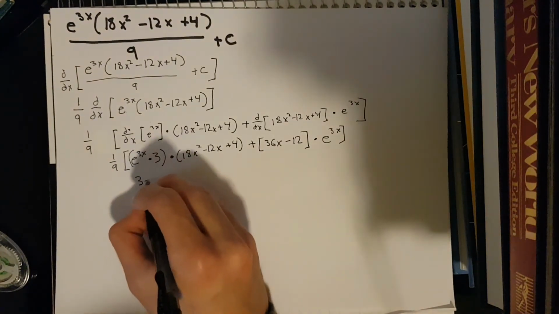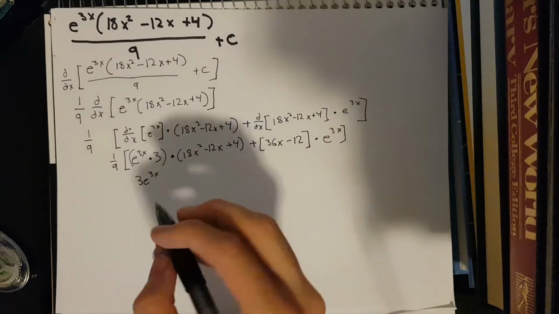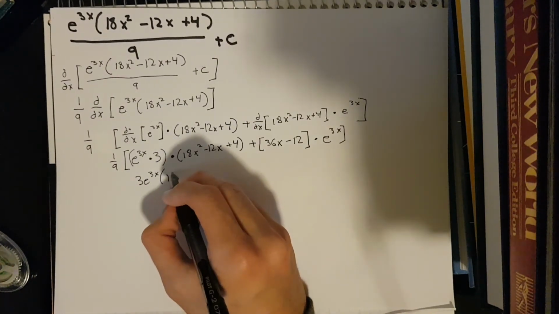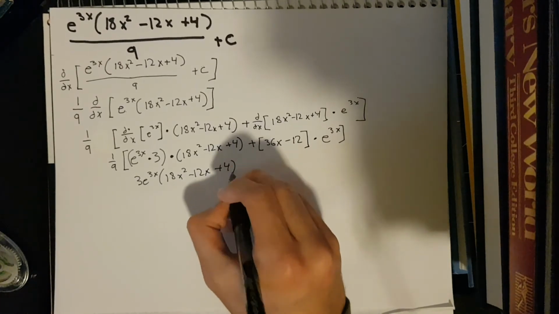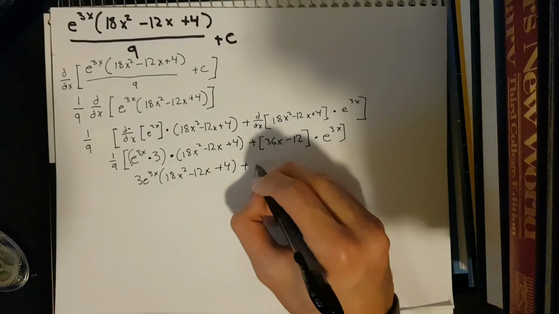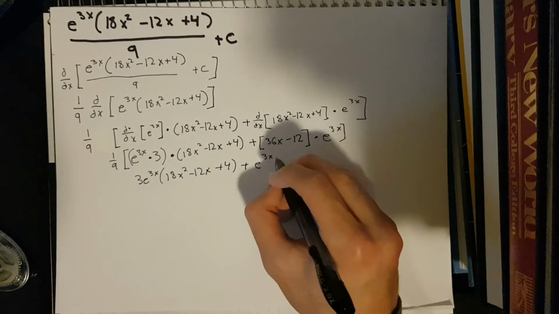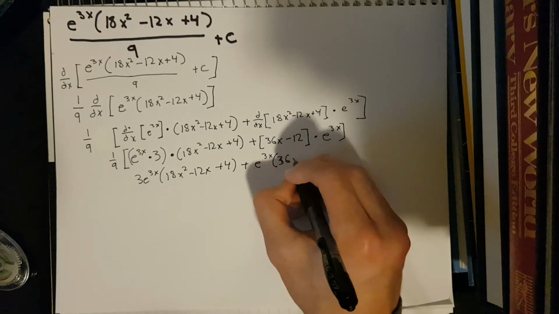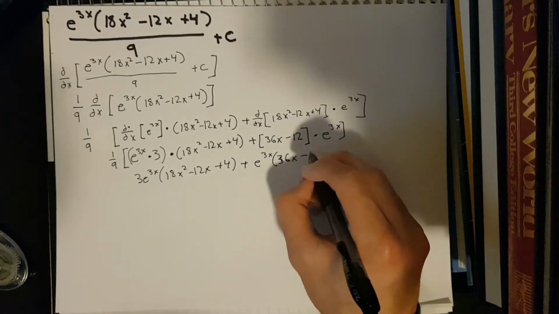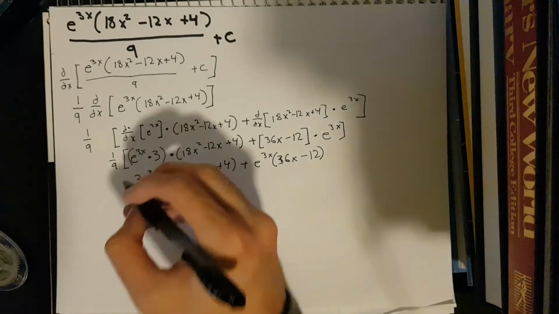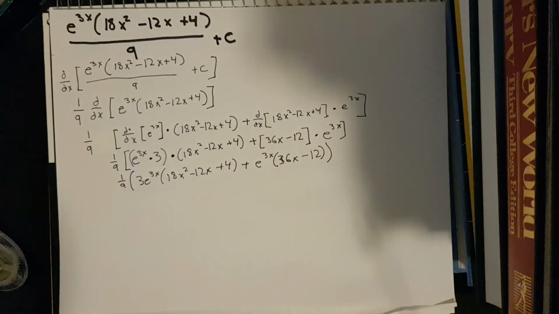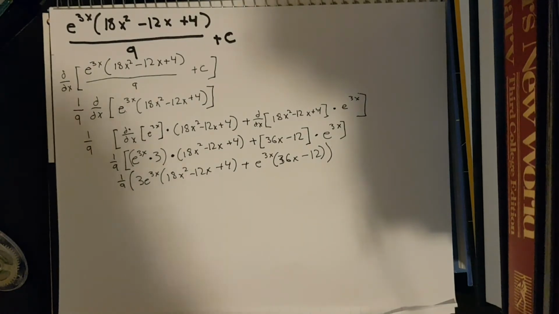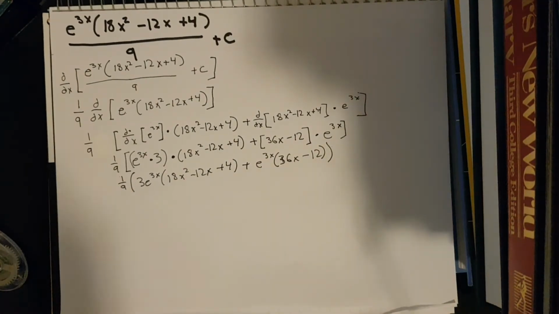So now that we have this, we can start simplifying. We got 3e to the 3x being distributed to 18x squared minus 12x plus 4, and then plus e to the 3x times 36x minus 12. And then all times 1/9. All right. So now we could just distribute these numbers.